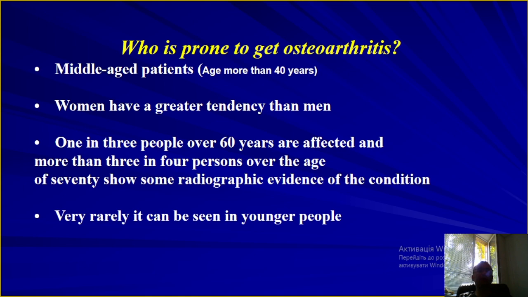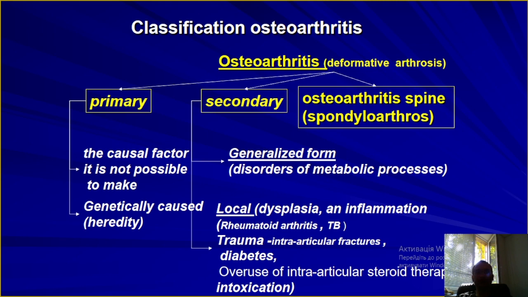and there are some risk factors which help this disease to develop faster and put patients into risk groups. First of all, you should remember that osteoarthritis can be primary.